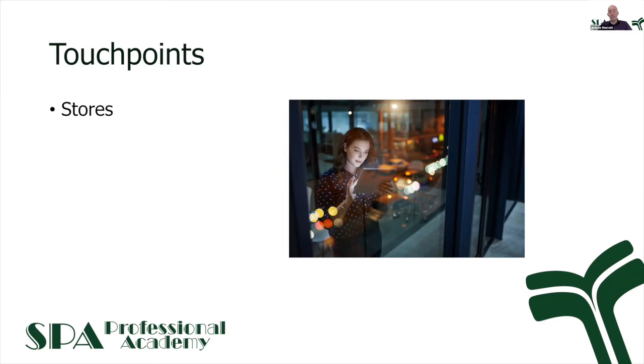And whether that's a retail store or a B2B type store, it's a touch point that people might have. Contact center, if they ring us to ask a question, even if they use an online chat that goes through to a contact center, that is a touch point. What is happening at that? Why are people using those touch points for it?